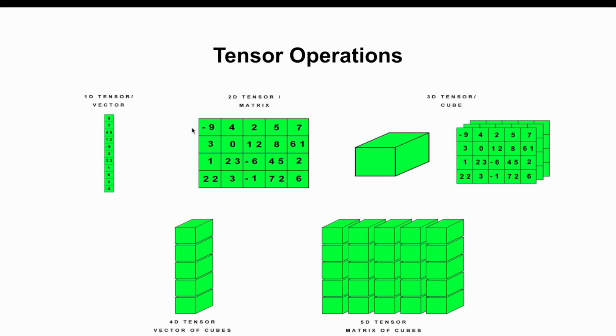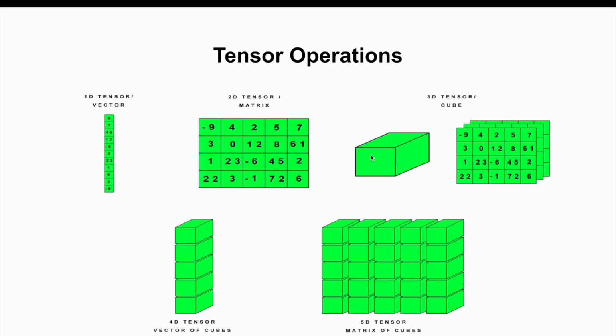We start with the rows. 1, 2, 3, 4. 4 rows. So it's a 4 by 1, 2, 3, 4, 5 columns. So this is a 4 by 5 tensor. And it's a two-dimensional tensor. Rank 2 tensor, and that's a matrix.